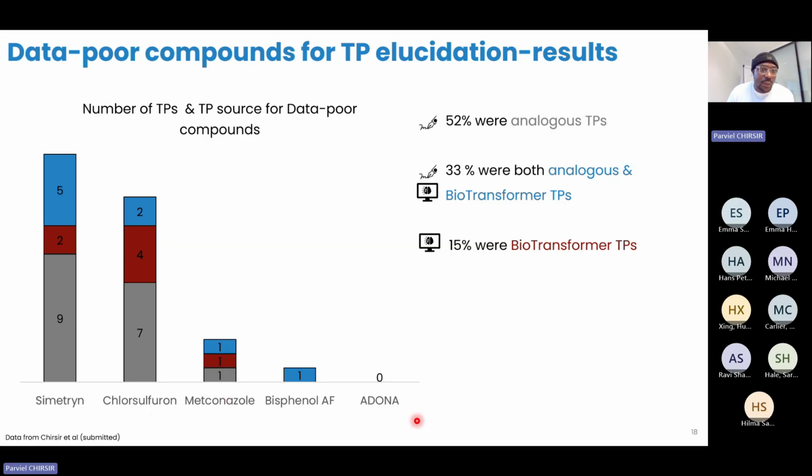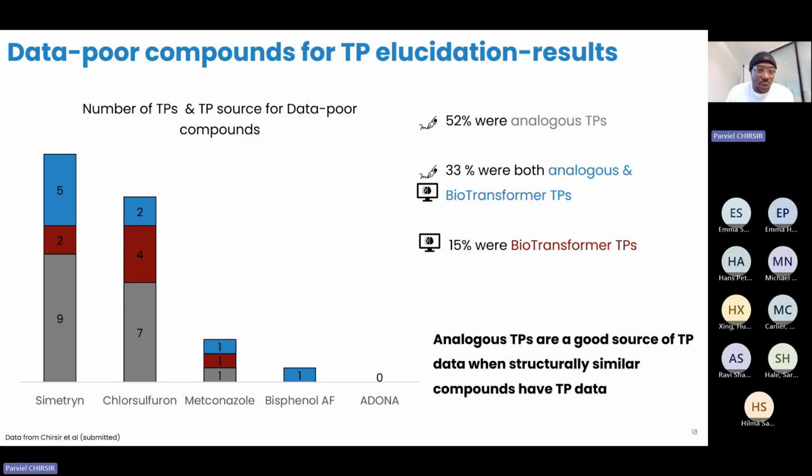The annotated TPs were from the different strategies for TP generation. The highest number in this case was from analogous TPs. We also had TPs annotated that were both from analogously drawn and from BioTransformer predicted TPs. And then we also had TPs from BioTransformer predicted TPs only.